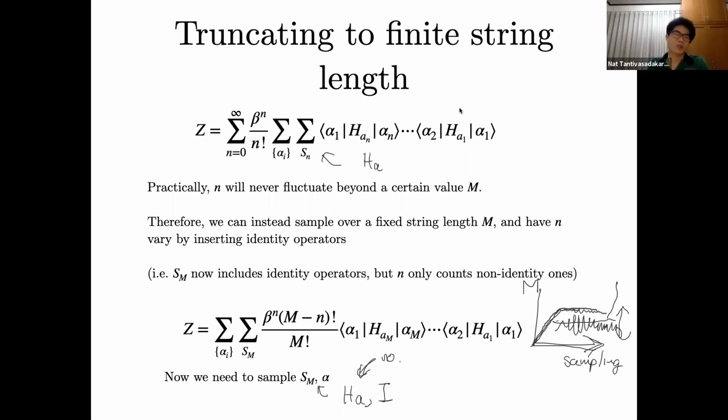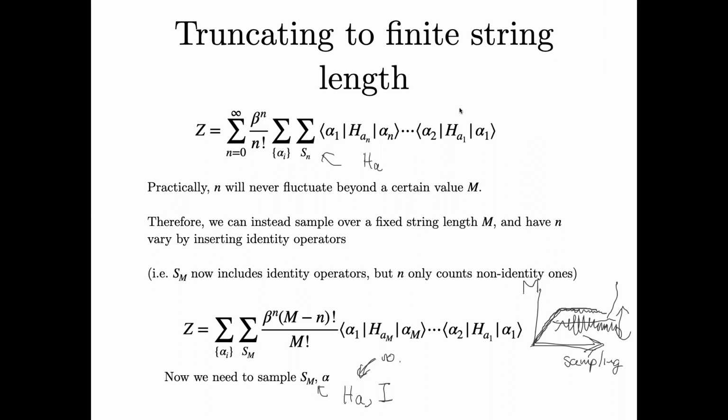Sorry, maybe I shouldn't use the word exact, but in practicality, this is the same partition function. You can truncate this without much harm when big M is large enough. Okay, thanks.